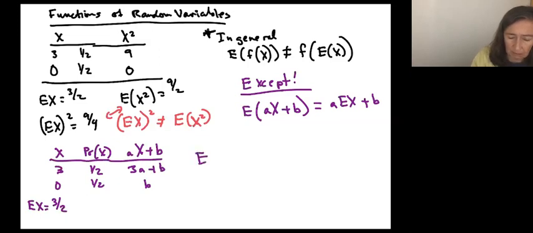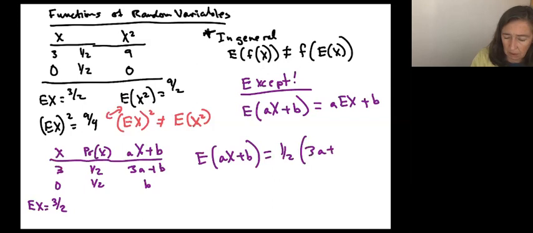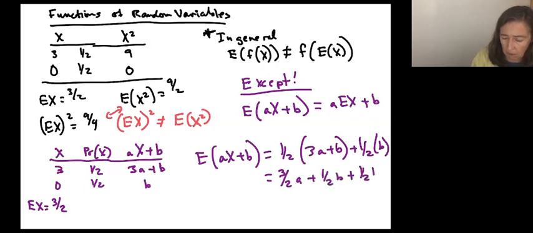Let's calculate the expected value now of this new one here, this a times x plus b. Well, with probability 1/2, it's 3a plus b, and with probability 1/2, it's b. So that is 3/2 a plus 1/2 b plus 1/2 b.